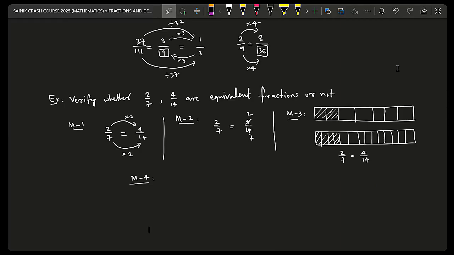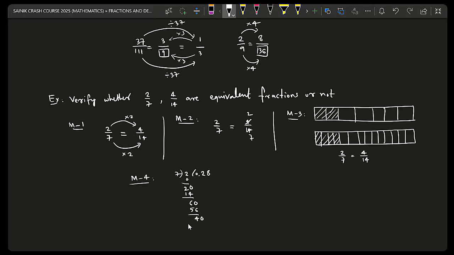So if you convert 2 by 7 into decimal, divide 2 by 7. 7 zeros are 0, that is 2. Use the decimal point, you'll get 0. 7 twos are 14, remainder is 6. Then 7 eights are 56, remainder is 4.